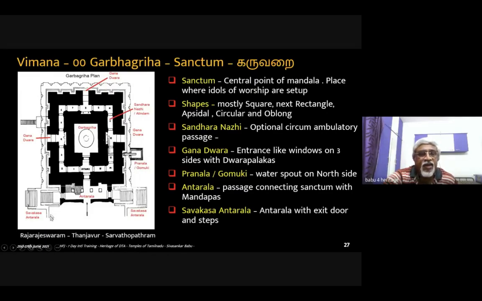There is an adjoining joint which connects the Garbhagriha to the Adha Mandapam or the other Mandapam. So it is called Antrala or a passage. Sometimes this passage will have direct exit or entrance for the devotees to come by this and then exit by this.